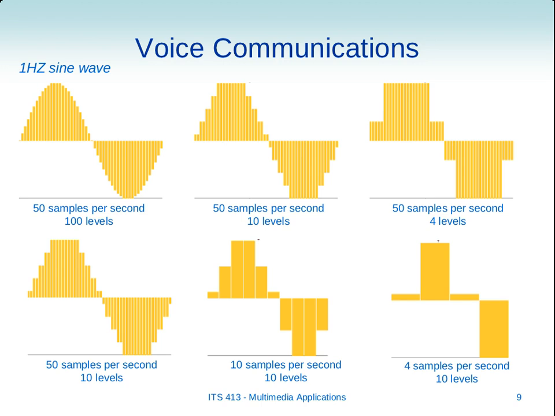With 10 levels, 3 bits gives us 8 values, 4 bits gives us 16 values, which is enough to represent the 10 different levels. 4 bits per sample, 4 samples per second, 16 bits per second.